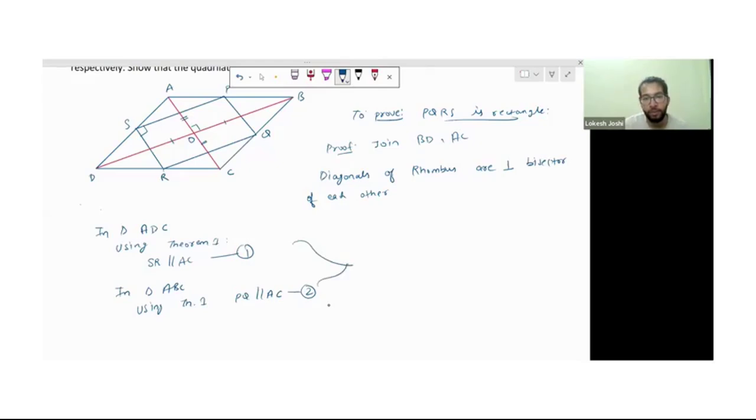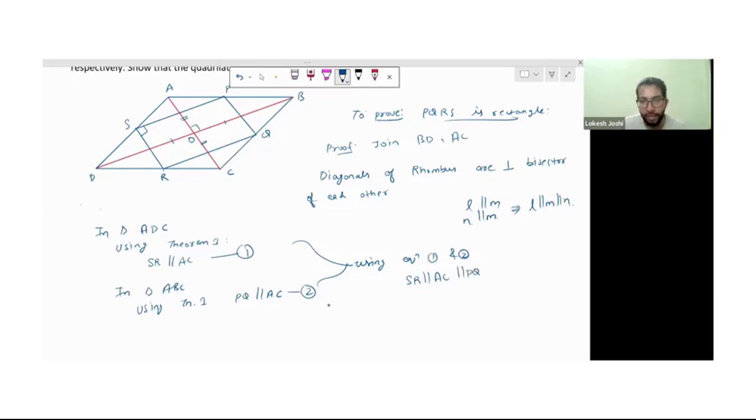Now using equations 1 and 2, a line parallel to a third line means all three are parallel, which means if L is parallel to M and N is parallel to M, then L is parallel to M and M is parallel to N. So from 1 and 2, we can say SR is parallel to AC, and it is parallel to PQ.